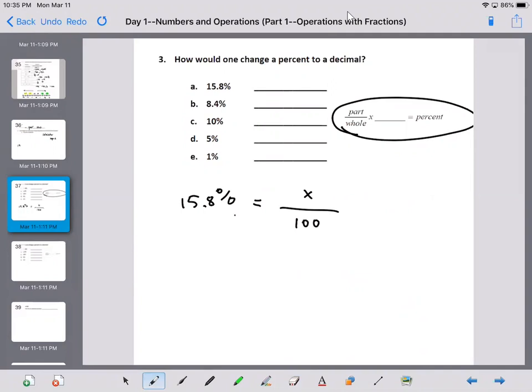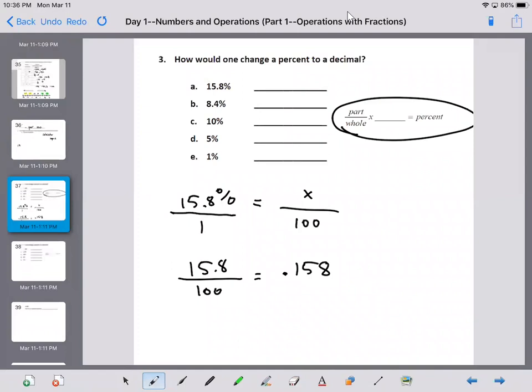Well, 15 and 8/10%, we would say needed to be divided by 100. So we would have 15 and 8/10 divided by 100 would give us 158 thousandths.